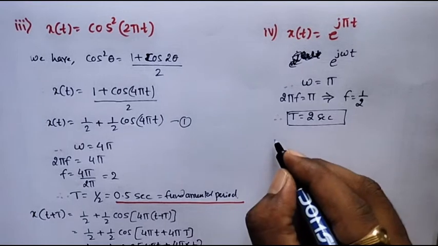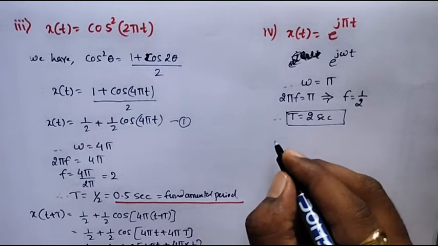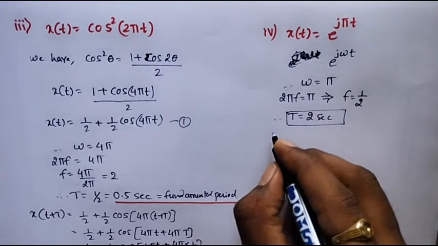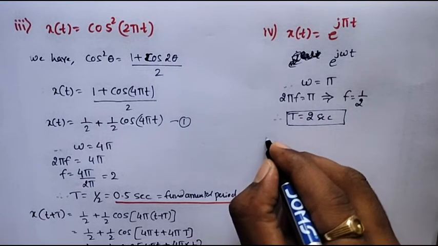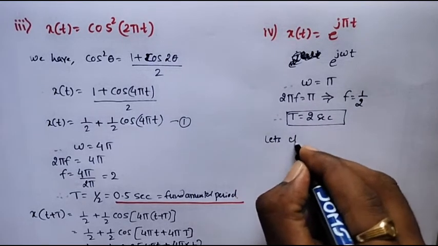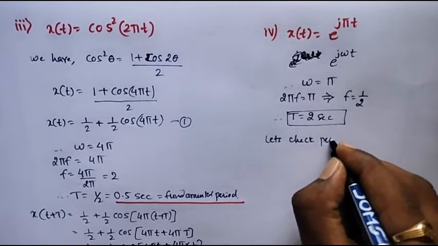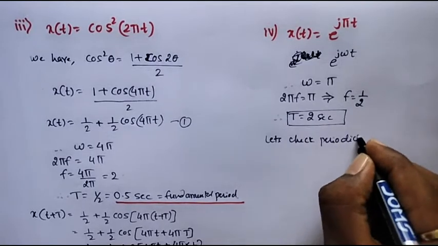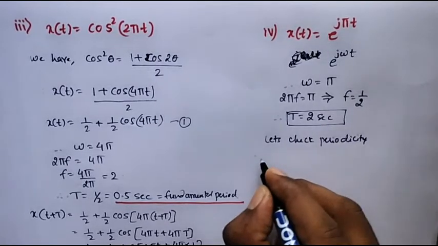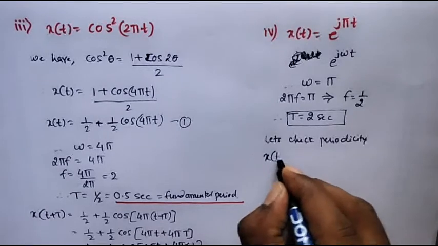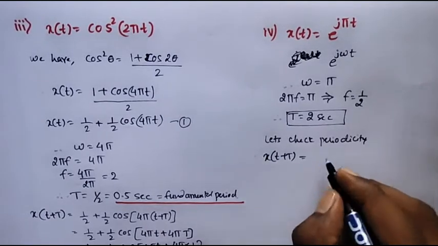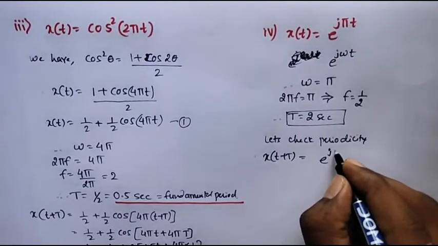Now, we'll try to calculate x of t plus T to check the periodicity. Let's check periodicity. x of t plus T is equal to e power j pi.